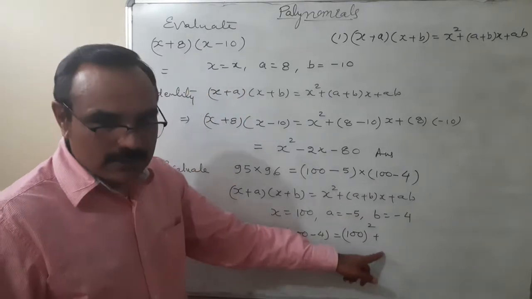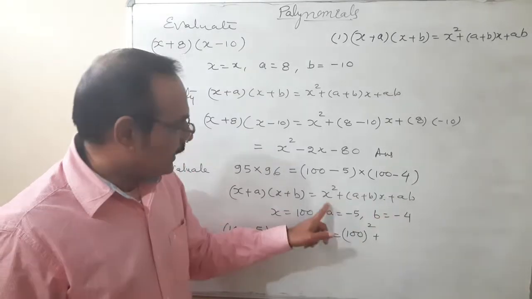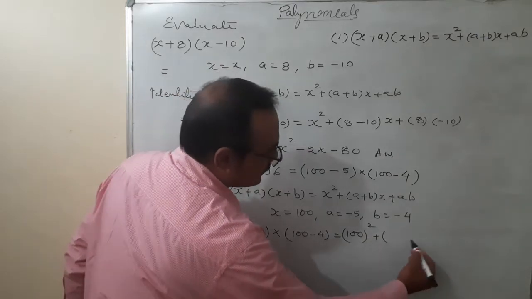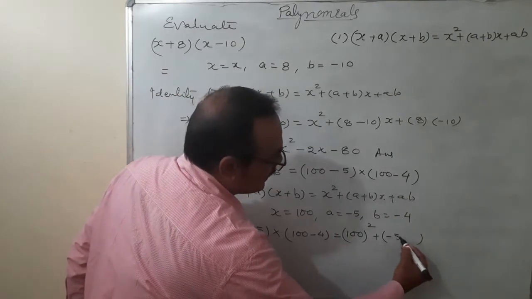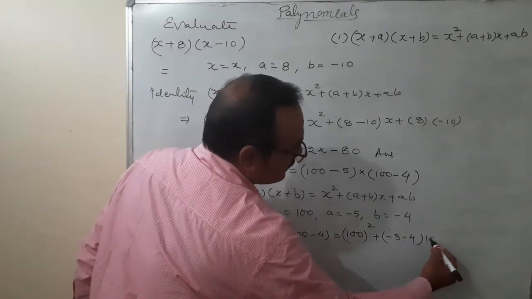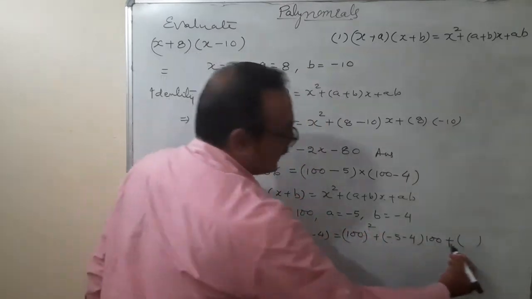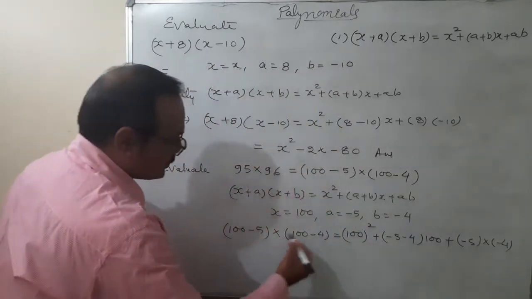See, when I write this step, my focus is on this identity: x square, plus sign as it is, in the bracket a plus b, the value of a is minus 5 and b is minus 4. Outside, x means 100, plus a multiplied by b, minus 5 multiplied by minus 4.